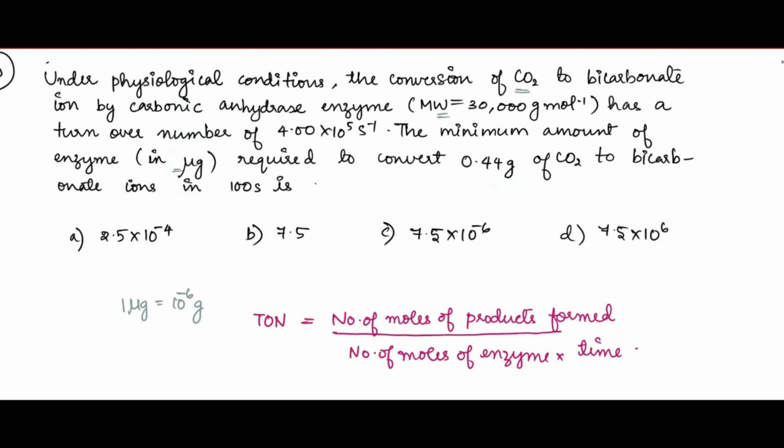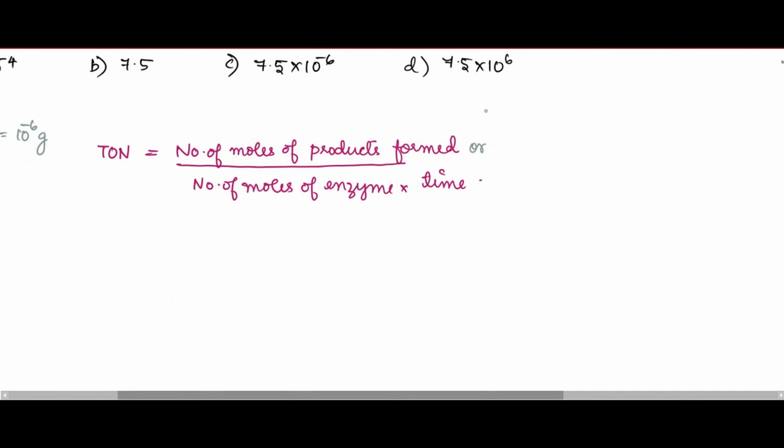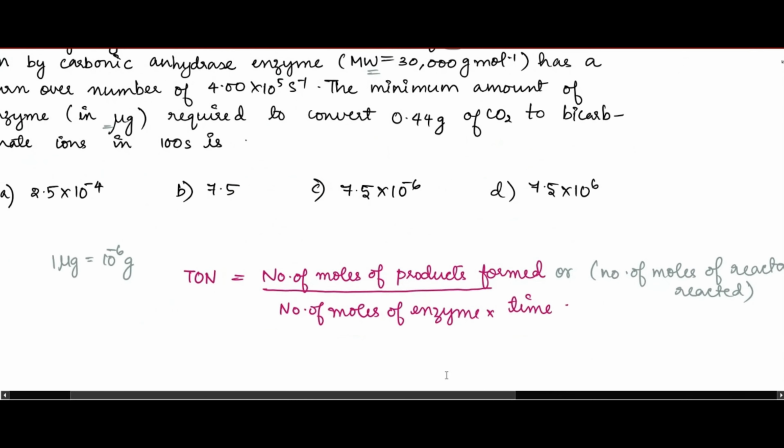Number of moles of products formed, or you can also write it as number of moles of reactant reacted. രണ്ടും ഒന്നാണ്. Product form ചെയ്യുന്നത് is directly proportional to the reactant amount which is reacted. ശരിയല്ലേ?